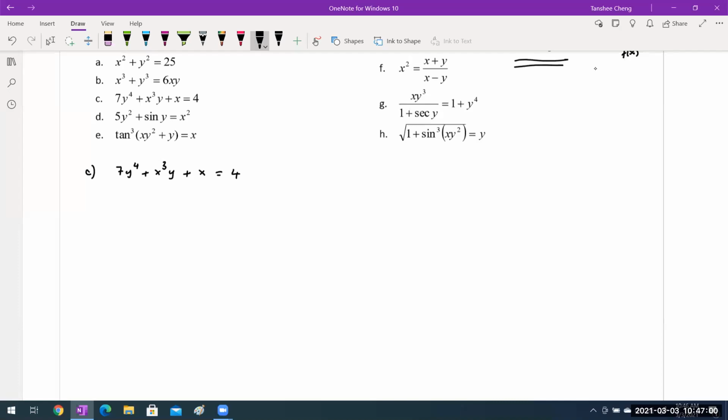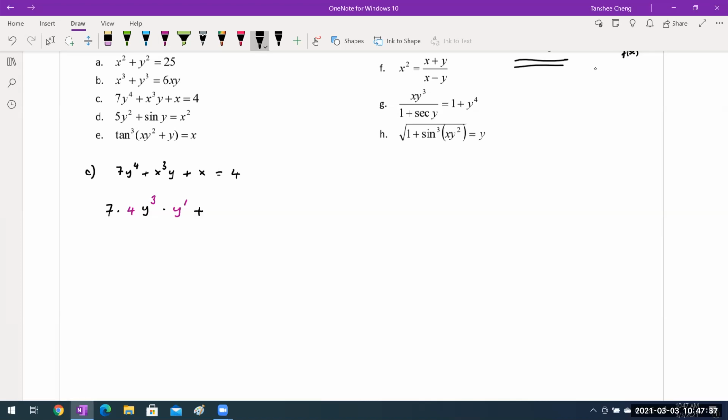So when you take derivatives with respect to x on both sides, y to the fourth power is a composition function. So when I take derivative, that will be 7 times, taking care of the power function first, so it will be 4 y to the third, times now the derivative of the inside function, which is going to be what? y prime. Because dy/dx, I'm going to write it down as y prime to make the notation simpler.